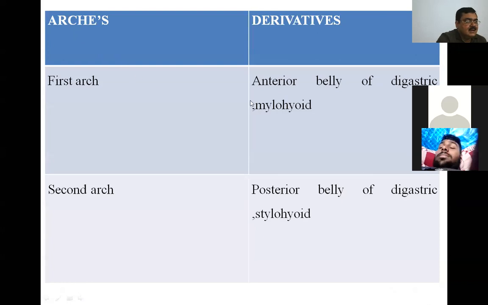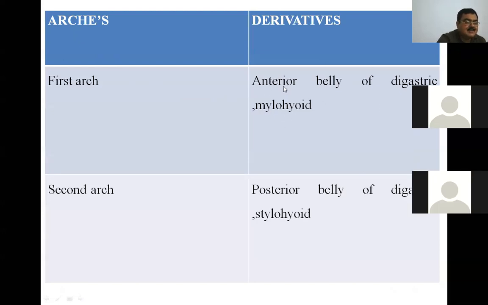So you have seen the muscles, the anterior belly of the digastric and mylohyoid, 2 muscles. The anterior belly of the digastric and mylohyoid muscle are derived from first arch, and the nerve of the first arch is mandibular nerve. So both these muscles are supplied by mandibular nerve, and the branch of the mandibular nerve which supplies these muscles is nerve to mylohyoid.